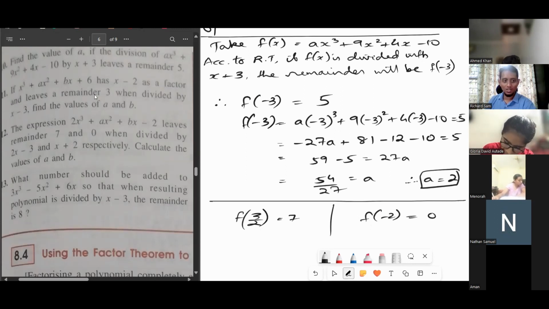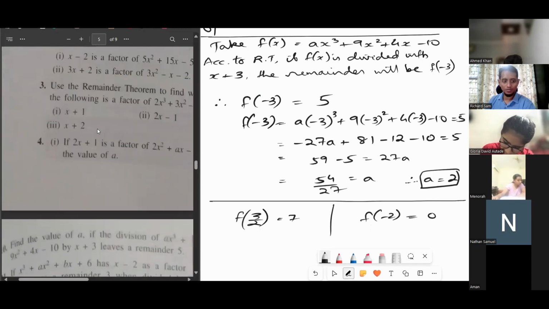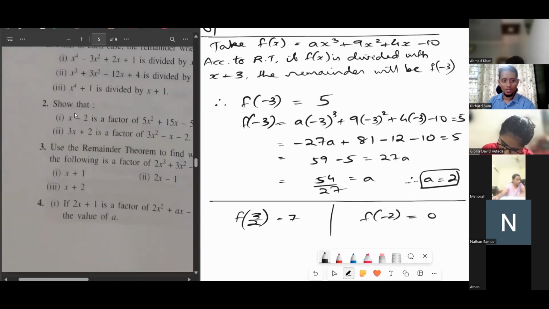Look, let me ask you another one. If you're dividing an expression with x plus 1, what is the remainder? f of minus 1. So if you're dividing with x minus 2, then f of plus 2.